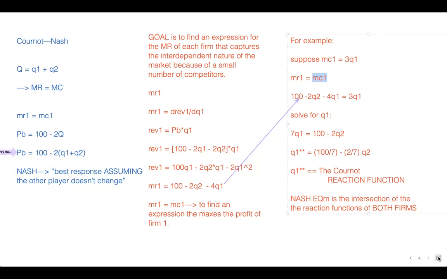Again, there are more details in the videos that are already posted for the course, and you're welcome to watch those judiciously, but hopefully you get the idea that you need to find reaction functions for firm one and firm two, and then use them in a simultaneous equations solution to find the actual output for the two firms.